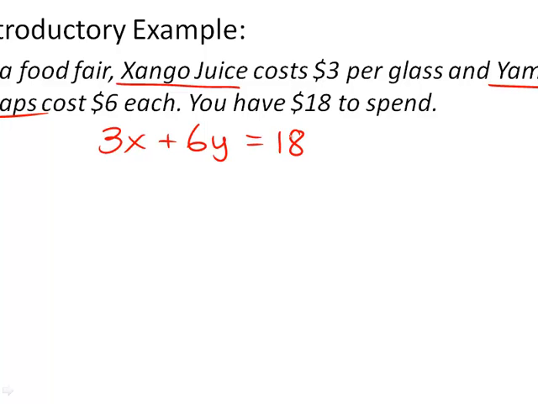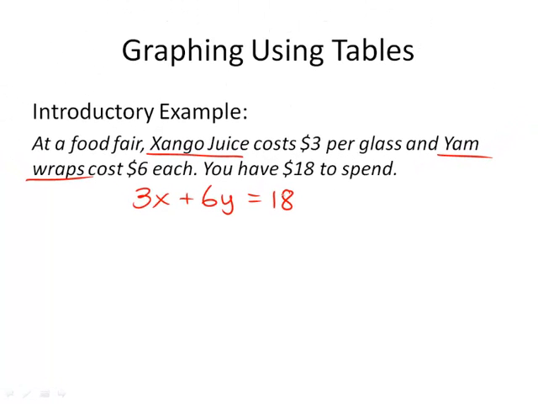So what are some possibilities of buying amounts of Zango juice and yam wraps given the $18 you have to spend? Well, for example, you could say, what if I bought 2 Zango juice? Well, that would mean x equals 2, which would then mean you could replace it in the equation.